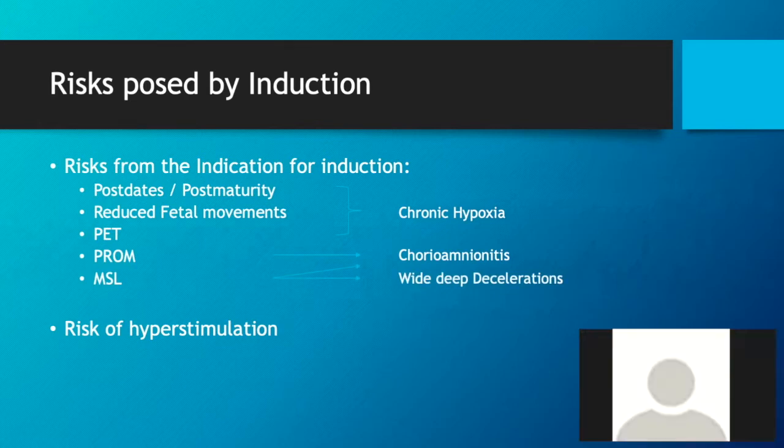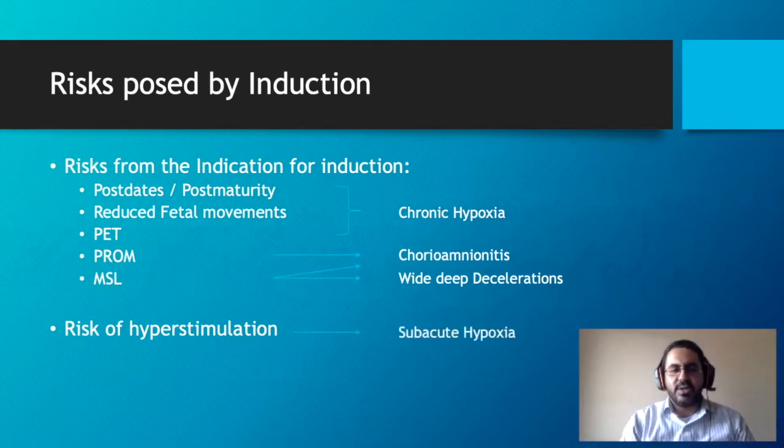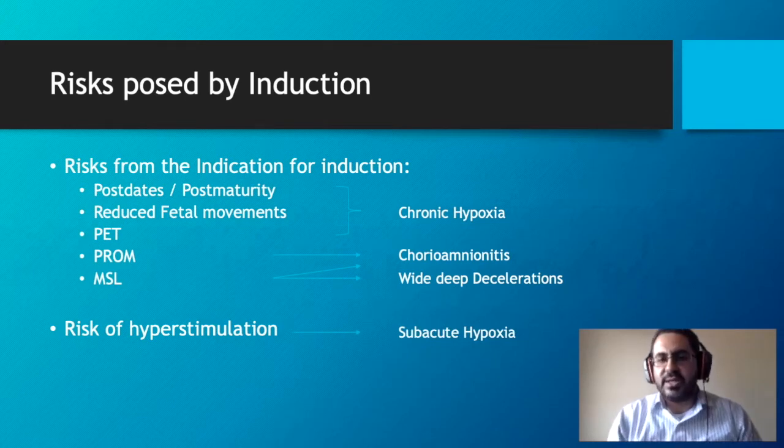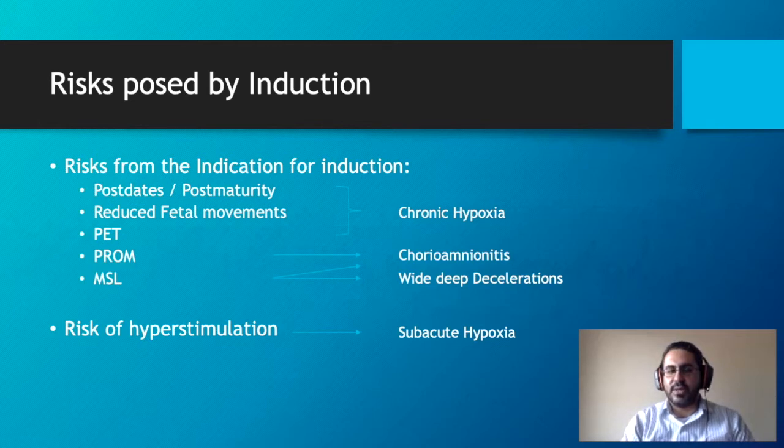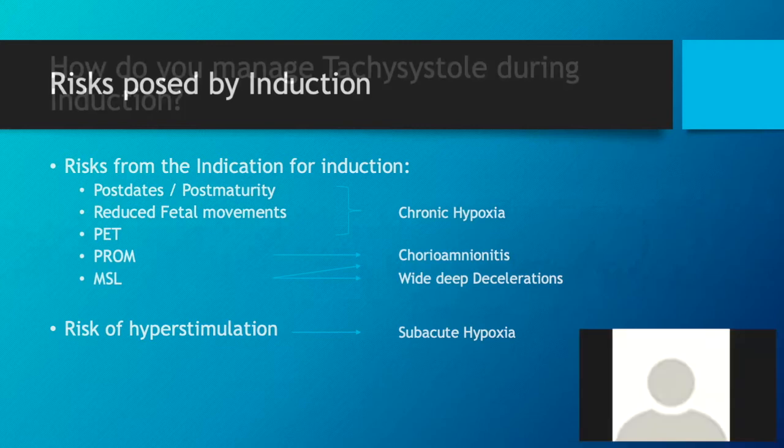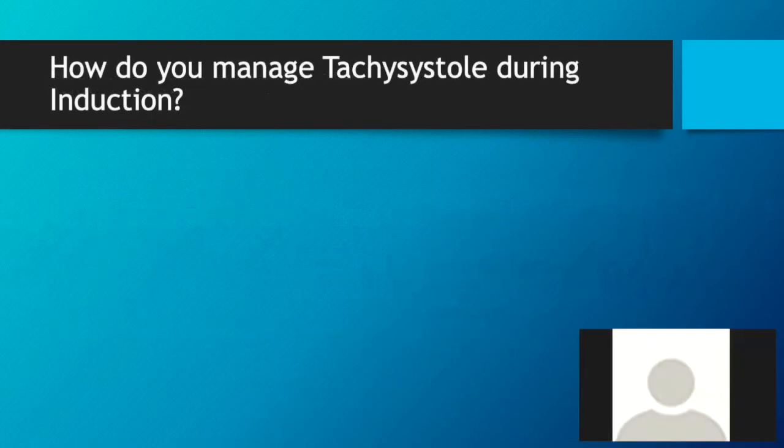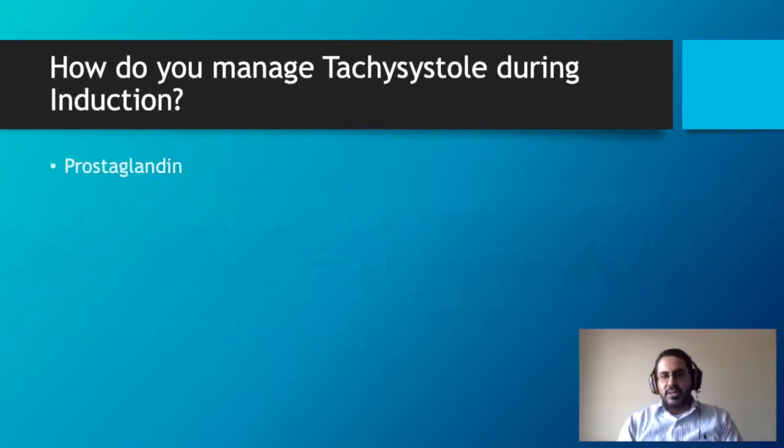Now, obviously we're stimulating, so hyperstimulation is the next thing once she actually starts contracting. So subacute hypoxia can start developing in the process, or gradually evolving hypoxia. How do you manage tachysystole if we're inducing somebody with prostaglandins? Take it out.